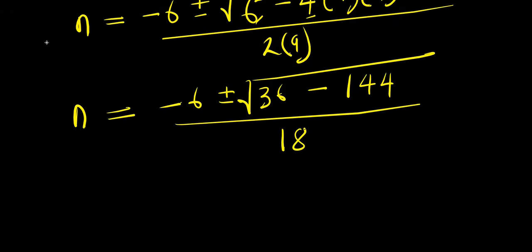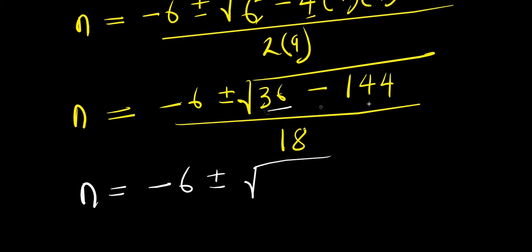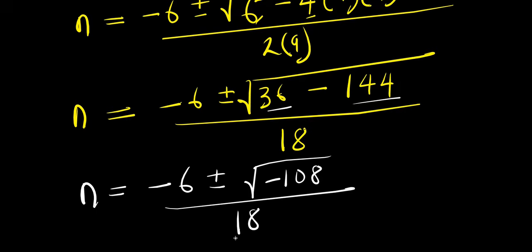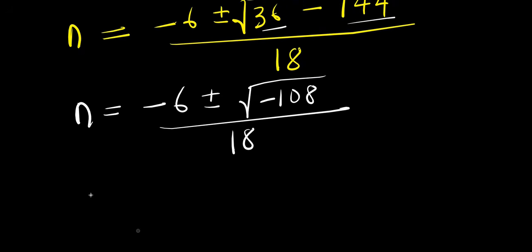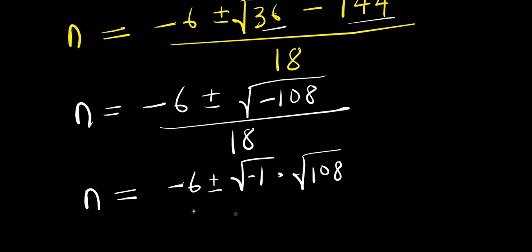So from here, we have n equals negative 6 plus or minus square root of 36 minus 144, which will give you negative 108, divided by 18. So we have n equals negative 6 plus or minus square root of negative 1 times square root of 108, divided by 18.